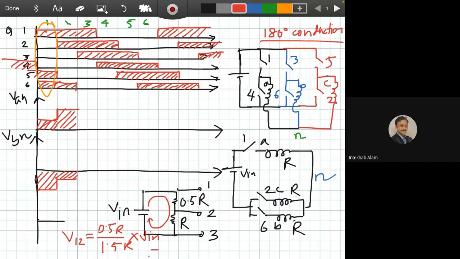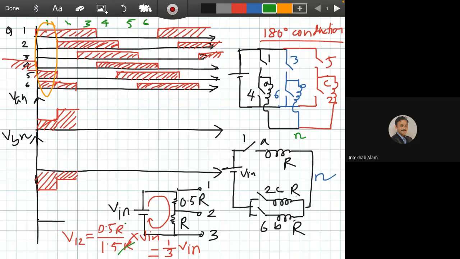So this value is 1/3 of V in. Is it okay? R and R is crossed. So 0.5 divided by 1.5 means 1/3 of V in.